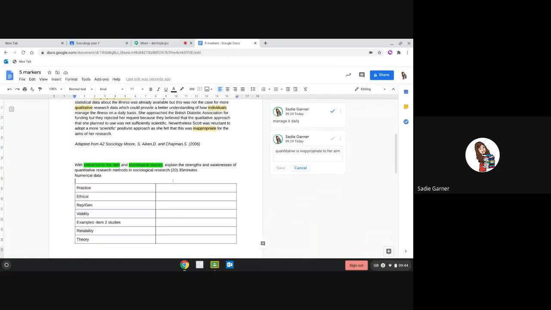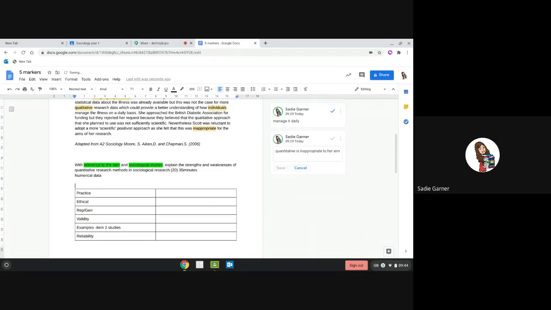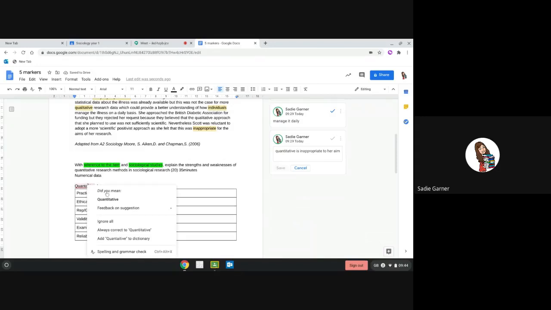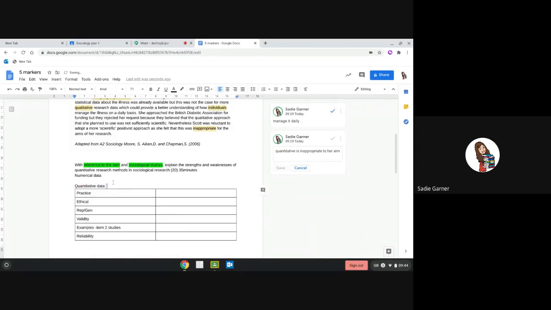The other thing it constantly says is it'd be good if you started with a definition in a 20. So I'm going to plan it, but I know they like a definition. So I'm going to say quantitative data, which is why you have so many mix and matches and gap fills, because definitions are really critical in a 5 marker and also in a 20.